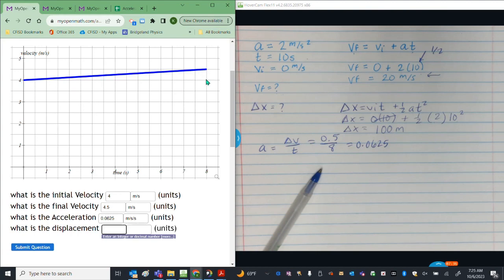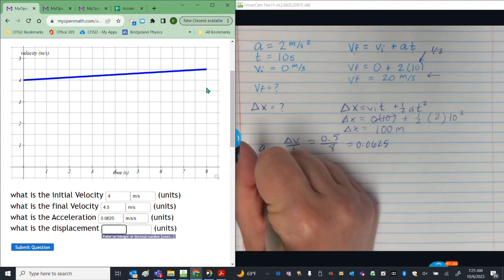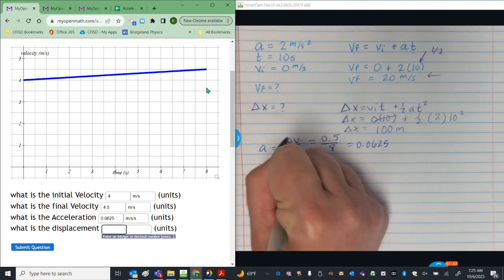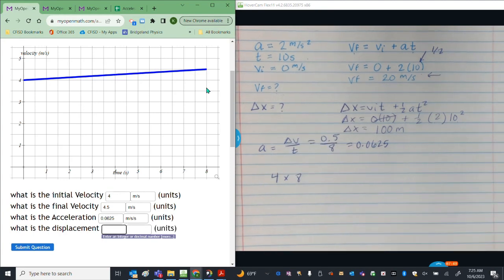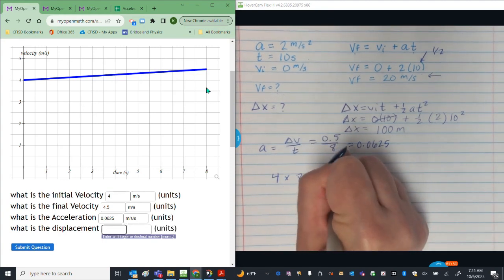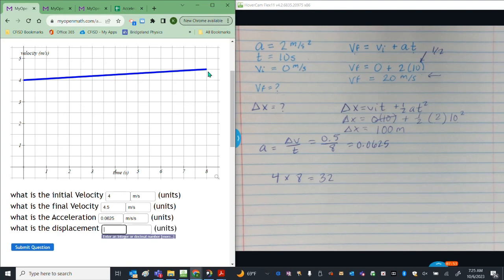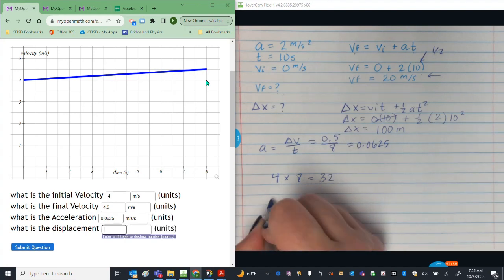If I solve for this rectangle, 4 meters per second for 8 seconds, length times width would be 4 times 8, which would give me 32. And then I have this tiny little triangle on top because at 4, it obviously goes up from there. The base of this triangle would be 8. So triangle is 1/2 base times height.